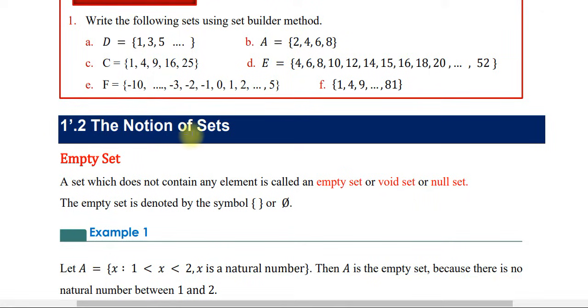Next, 1.2 the notion of sets. Okay, the first one is empty set.